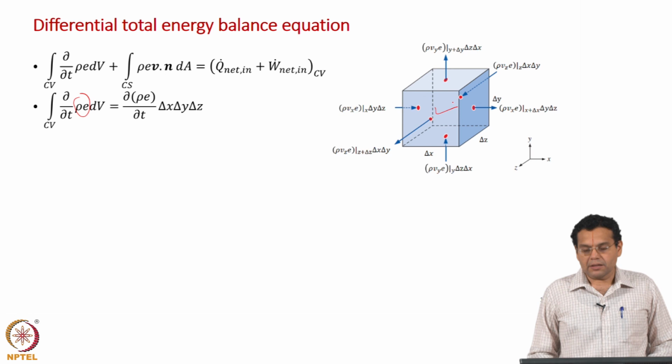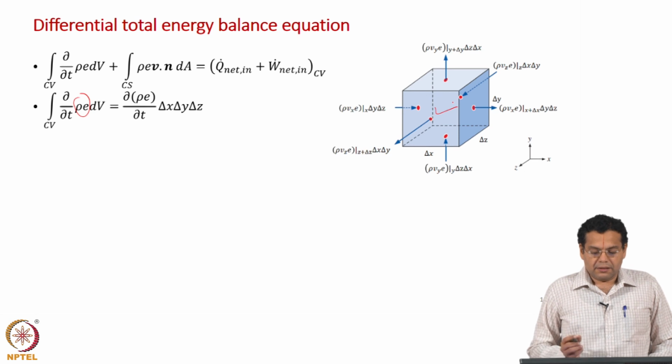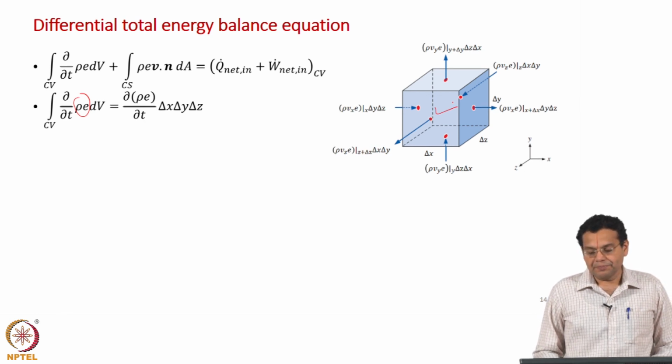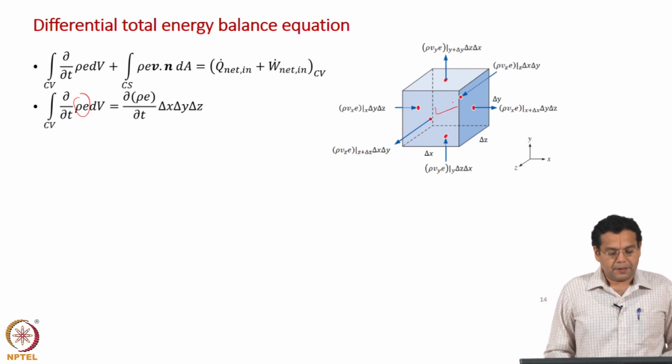The control volume has dimensions of delta x, delta y, delta z, and because we are taking an average value, it is a constant inside the control volume.